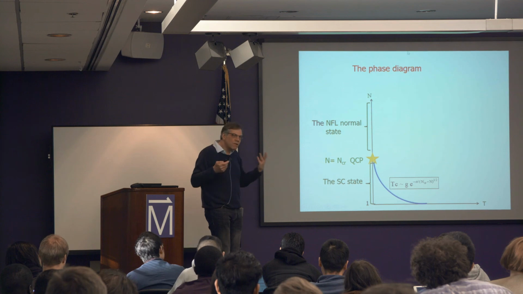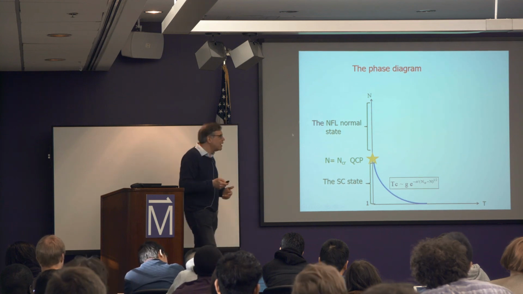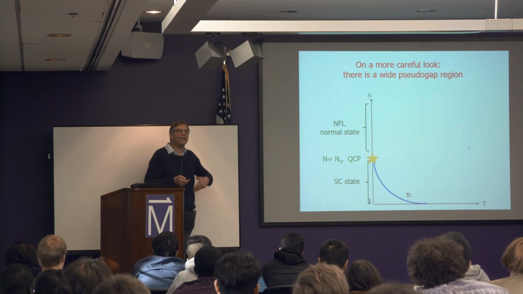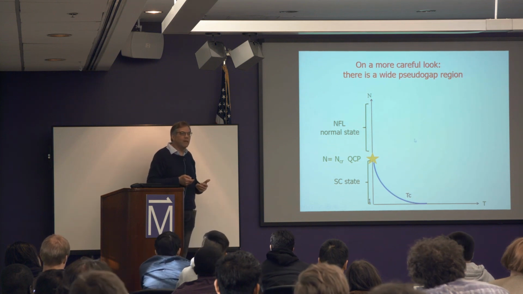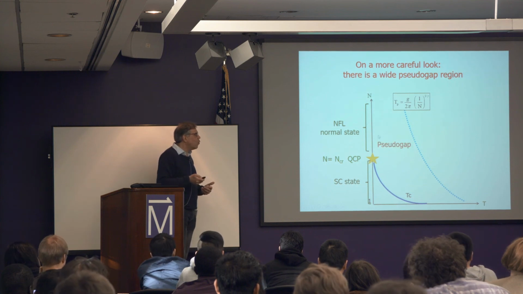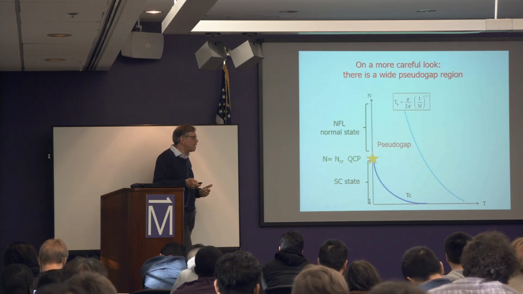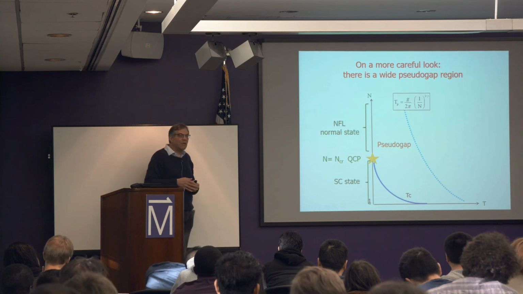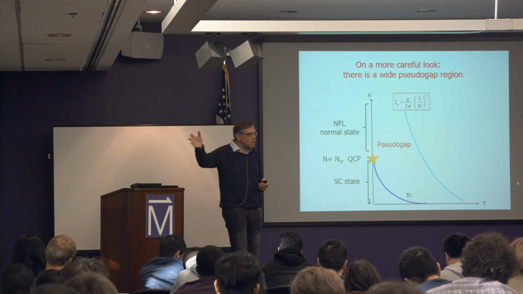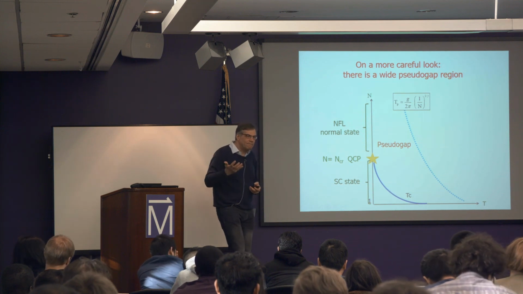But of course, there's an interesting caveat to the story. Namely, if you actually solve the problem, it turns out that there is another range, and it's a pretty wide range, where the system shows pseudo-gap behavior. You may say, well, interesting, pseudo-gap resembles cuprates, of course, but the question is why?